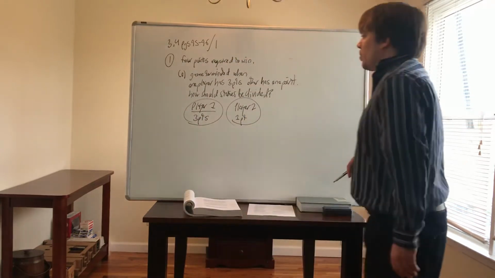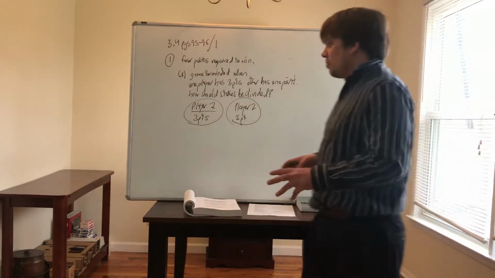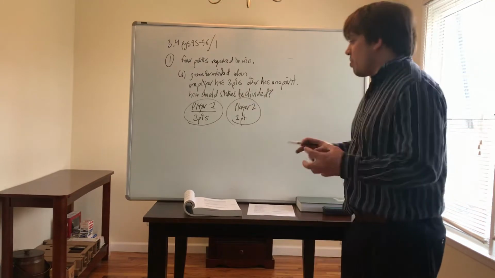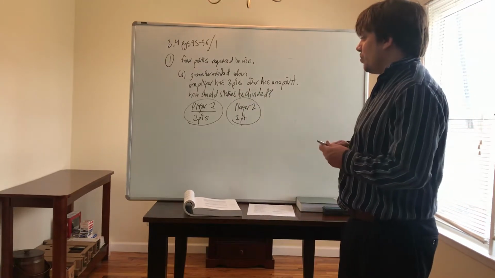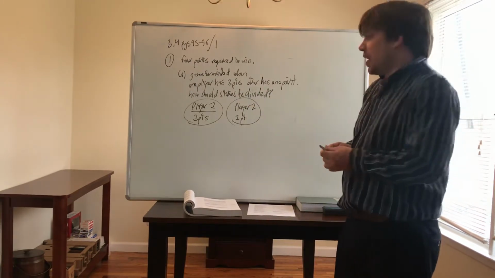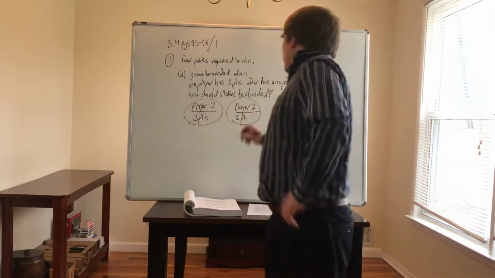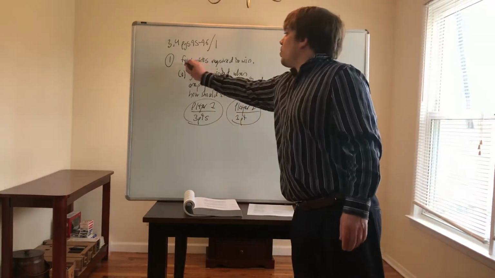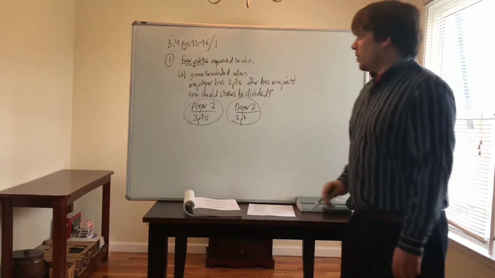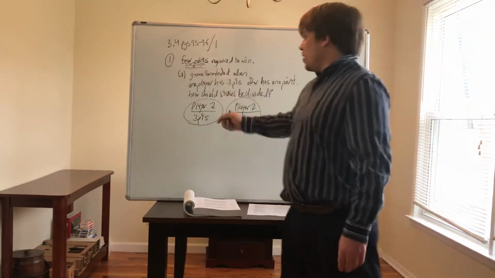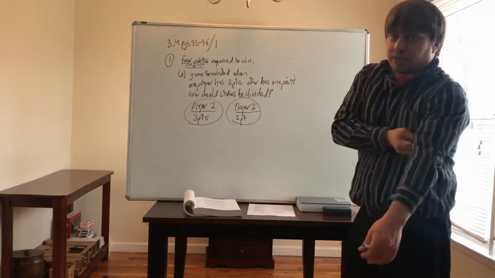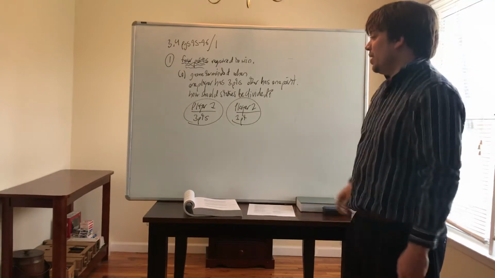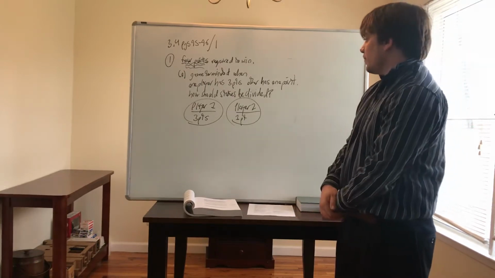How should the stakes be divided? Meaning, what's the probability of each player winning at this point? Player 1 is 1 point away from winning, and player 2 is 3 points away from winning.